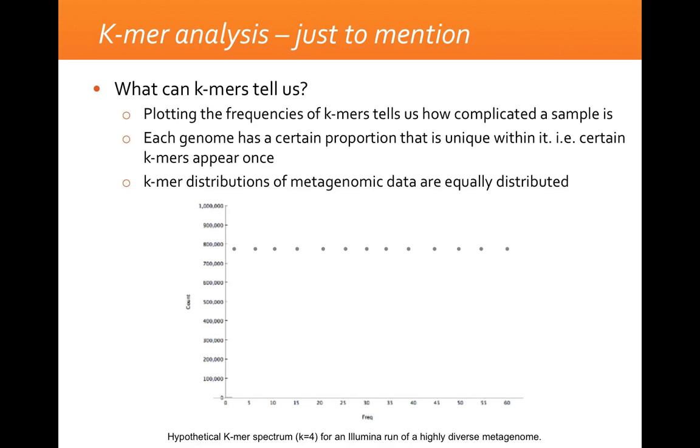So a good metagenome will have a more even distribution. I'm trying to illustrate this here. So Kmers can also be used to say something about the quality of your DNA.